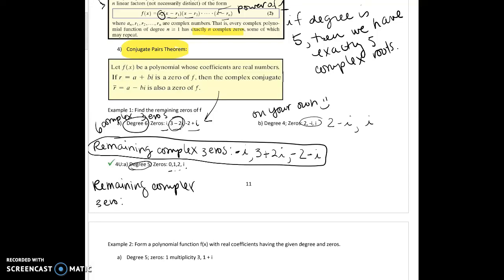Well, 0 is a real number. 1 is a real number. 2 is a real number. These real numbers do not have conjugate pairs, okay? Only the imaginary one. So there's one imaginary answer, which is i. So its conjugate pair is negative i. So for this problem, you only have one remaining complex root. Okay. So now that you are working this on your own, when I see you next time in class and I stamp this, make sure this is completed.